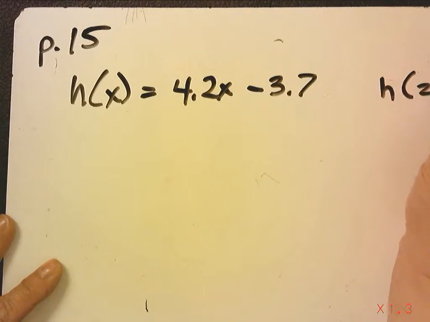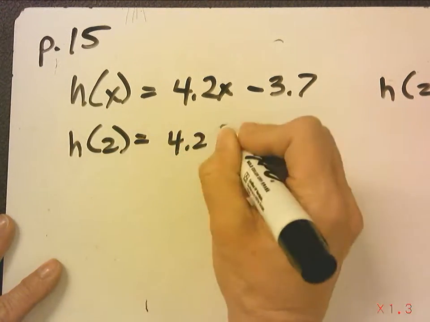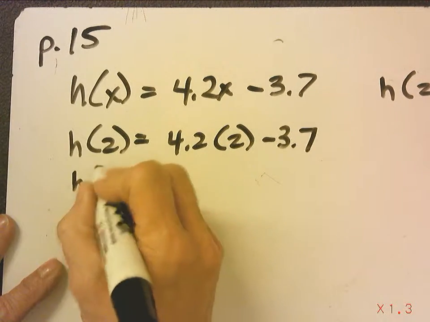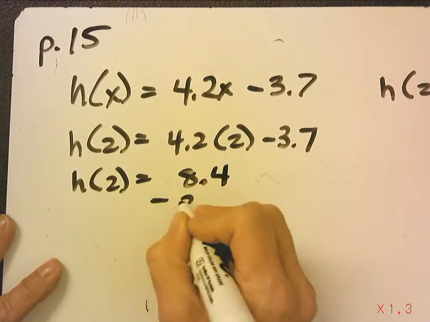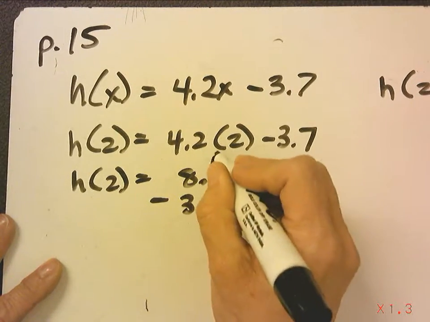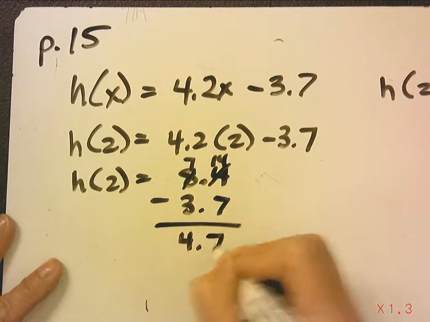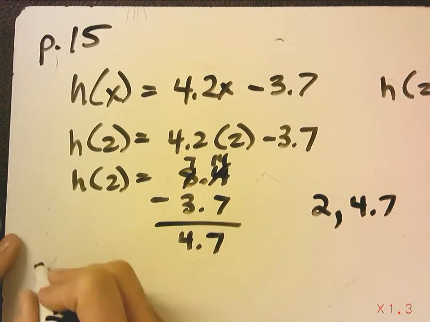Find h of 2. So h of 2 would equal 4.2 times 2 minus 3.7. So h of 2 equals 8.4 minus 3.7. We get 4.7. So the ordered pair would be 2, 4.7.